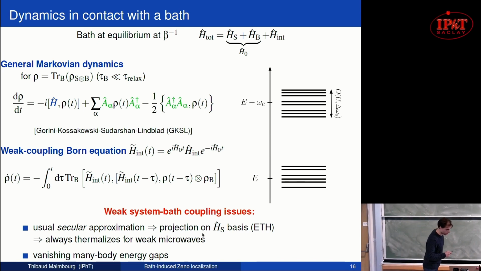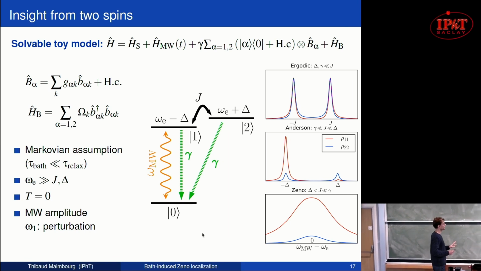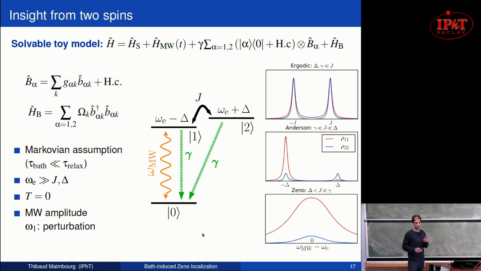So, okay, I will deal with the first example to try to explain what happens. It's an example where we know how to solve things analytically, and then for larger n we don't know. But now if you just take 2 spins, so you have just 4 levels, we can try to solve the problem.